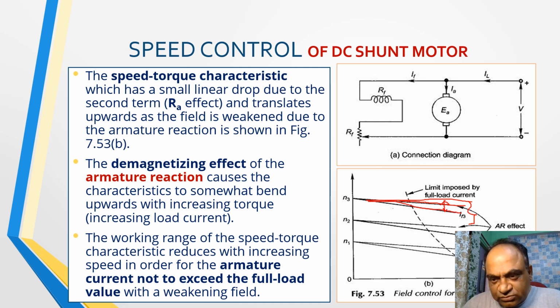So it is dropping. A portion also goes for this armature drop, that is IARA. So that is also considered as the effect in the speed, because ultimately this speed is EB upon phi. Because of IARA, this EB is affected, so the speed is also affected in that case.